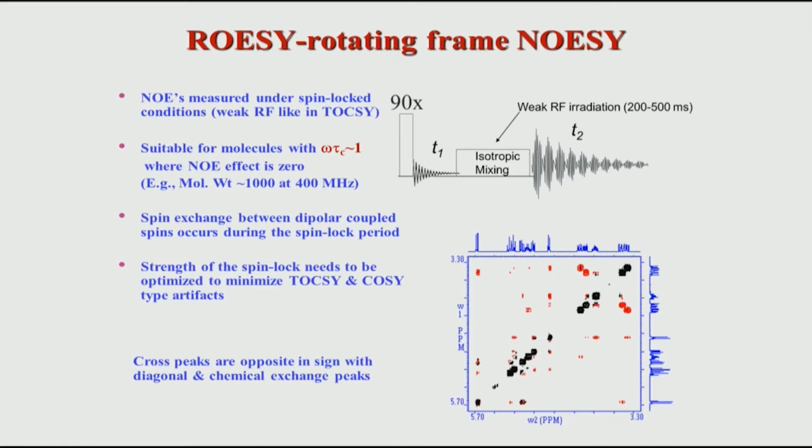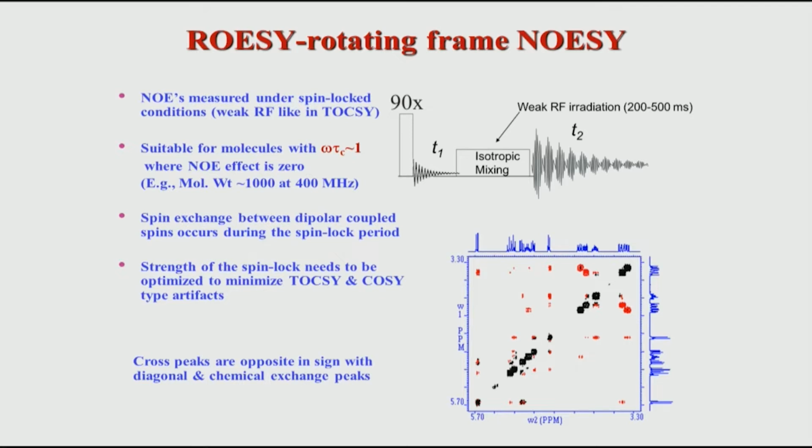This is a misinterpretation and can very much lead to a wrong structure. So, why did it happen? This happened because A and B were not close in space, but there was a third spin, suppose we call it C, which connected A and B, because the magnetization went from A to C and from C to B during the long mixing time.